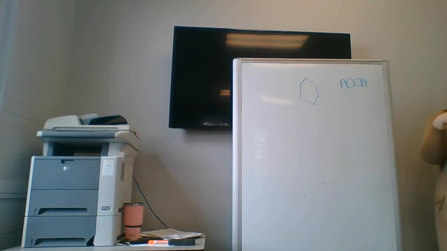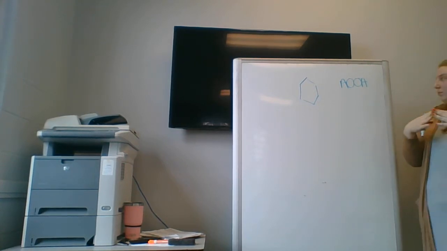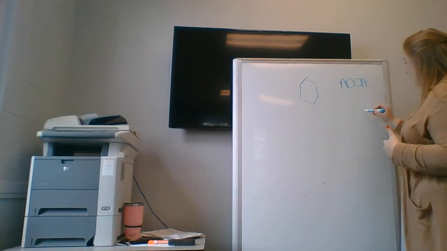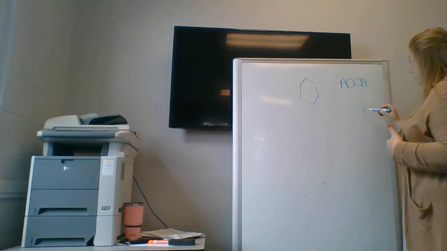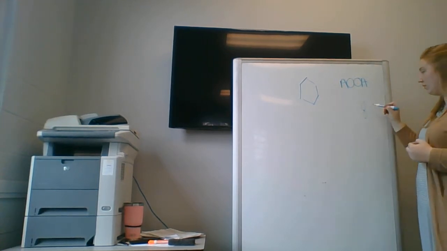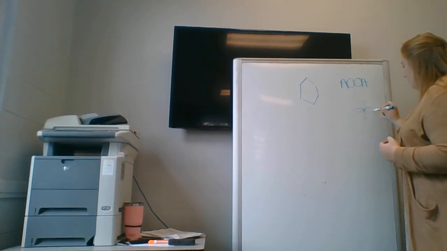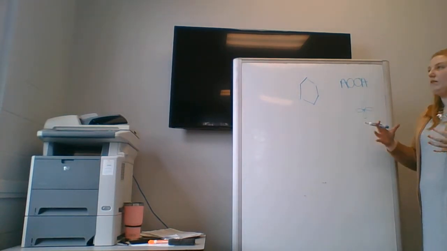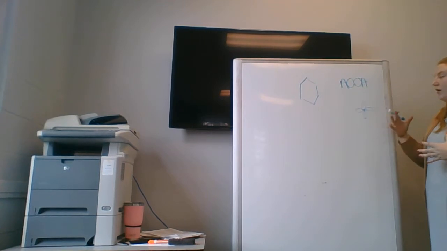Okay, pi orbitals are dumbbell shaped and there are three different kinds. So we have vertical, we have one that would be coming out of the board and going into the board, and then we have horizontal, okay? So electrons fill all of these orbitals in a progressive fashion.